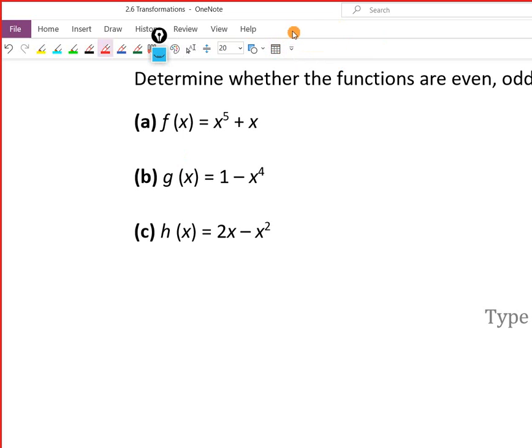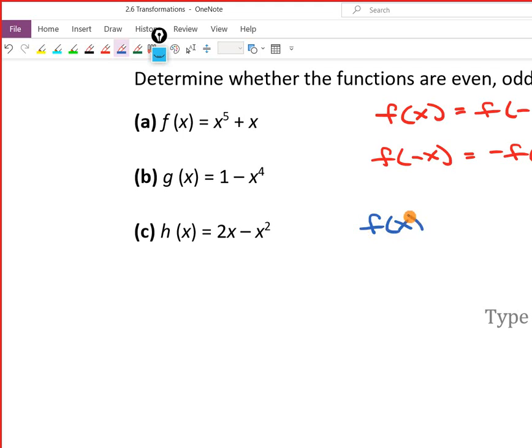So here's the idea. In all of our rules, we've got f of x equals f of negative x. That was the even rule, right? We had f of negative x equals the opposite of f of x. That was the odd rule. If I list the things that we need to determine even or odd, we need f of x, because that's in that first rule.